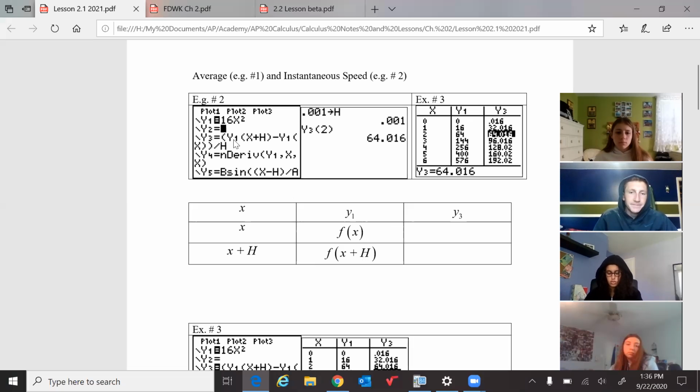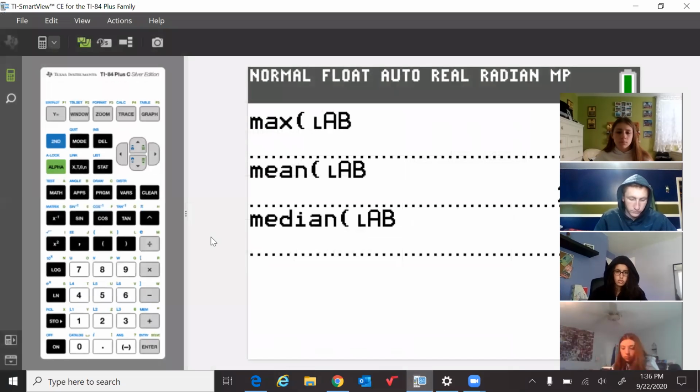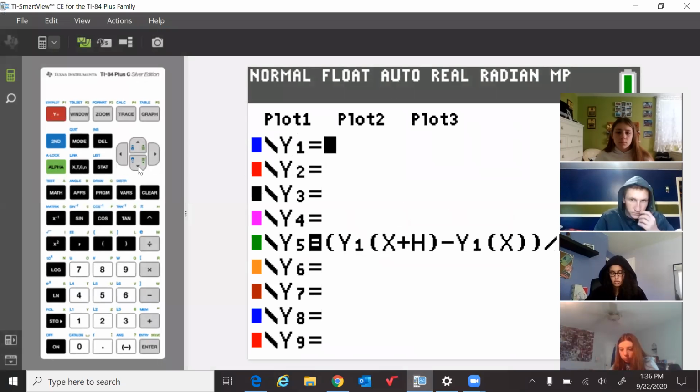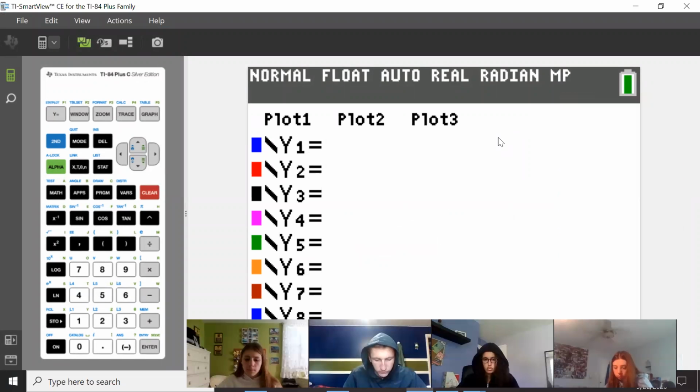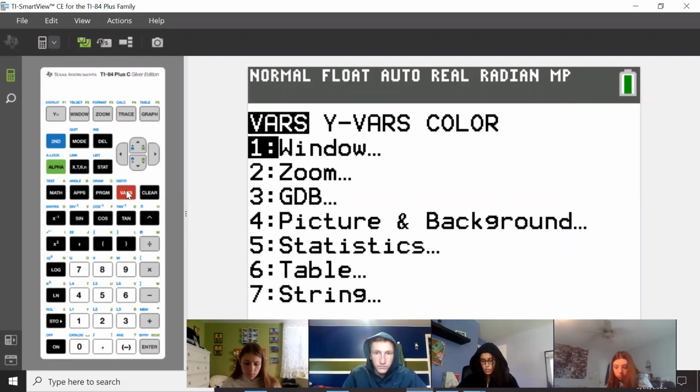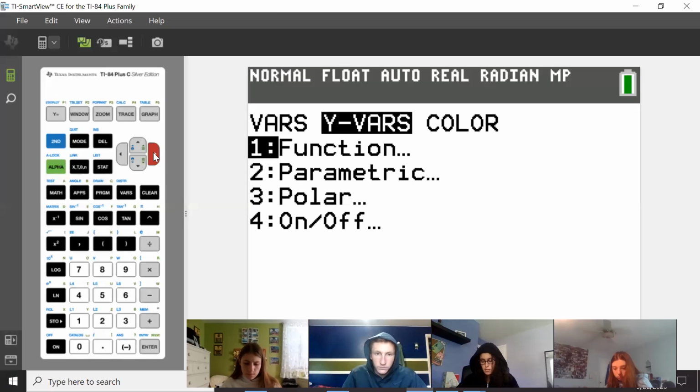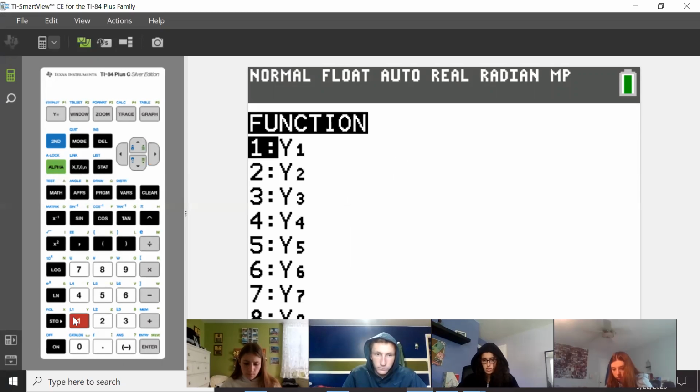So I have it right here in y3. You're going to put it in y5. So I'm going to walk you through that. You go to y equals, and we're going to put this in y5 together. Ready? Open parentheses. Vars, y vars, function mode, y1.